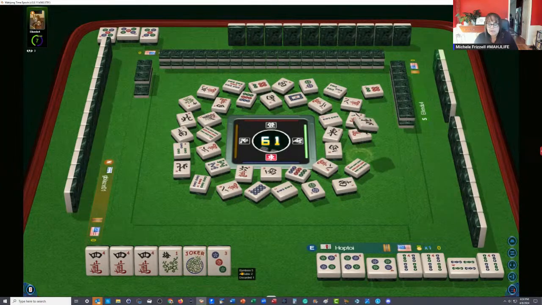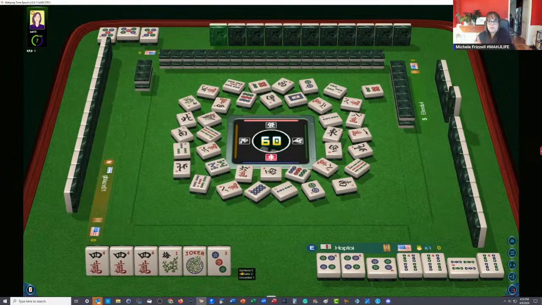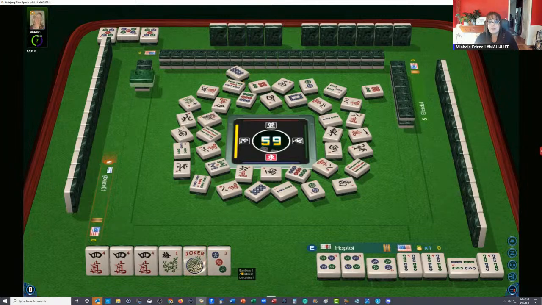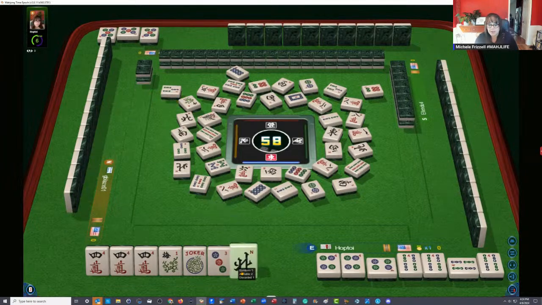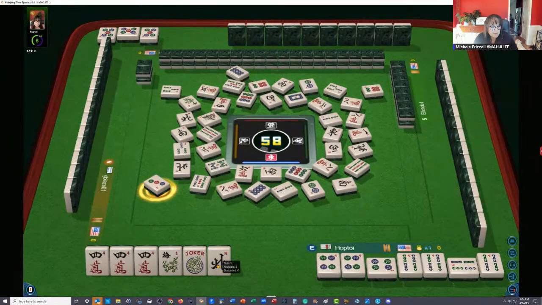Now the statistic is that statistically you'll get 1.6 flowers from the wall and jokers, by the way. We haven't gotten either yet, so we have a chance of getting it. That's correct, Don.